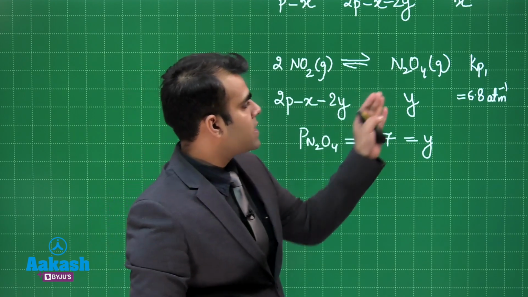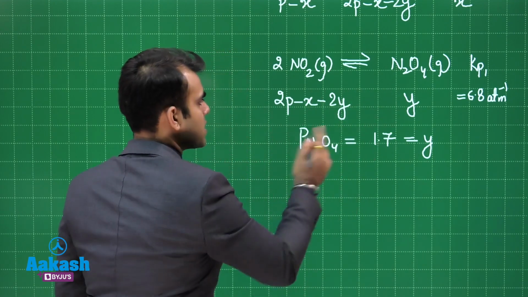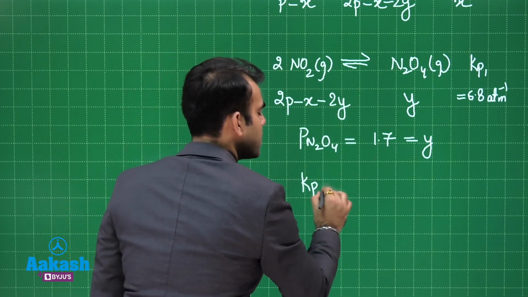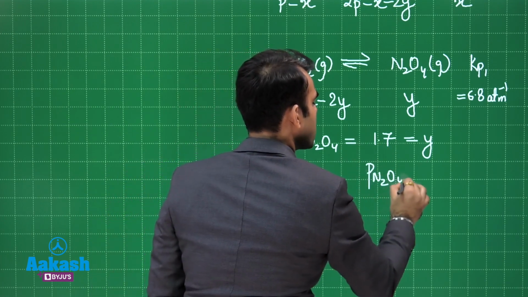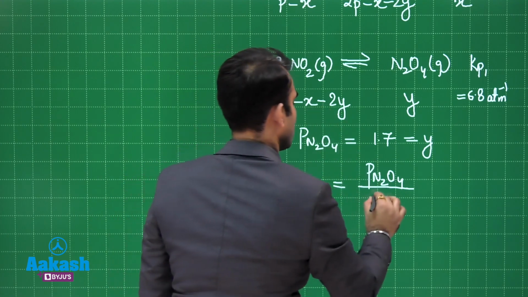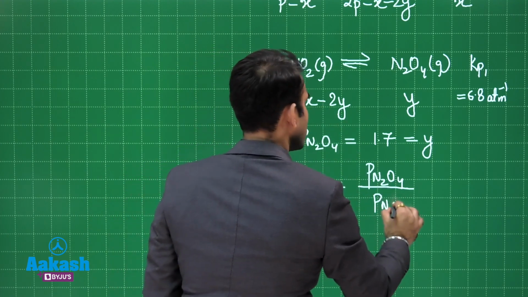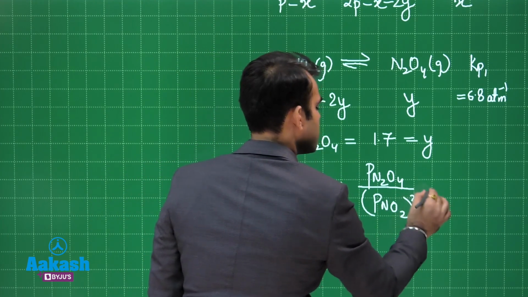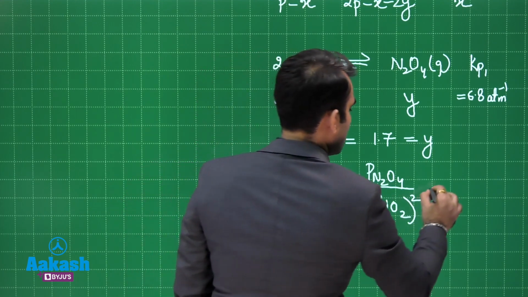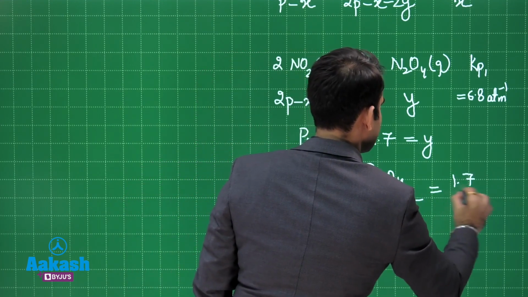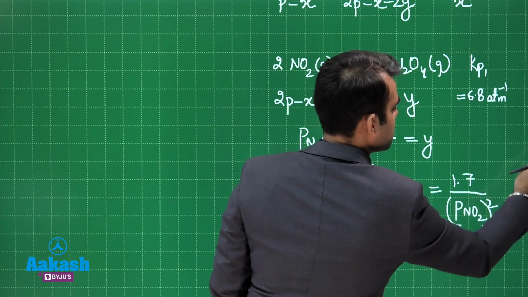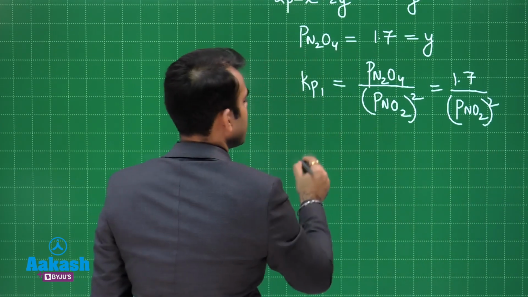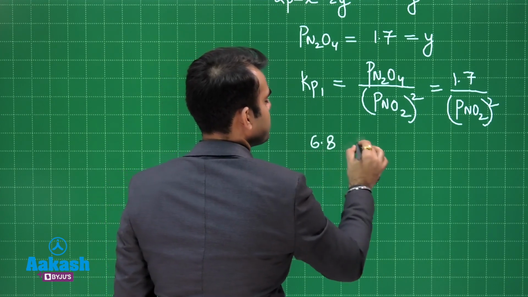Now if I apply the equilibrium equation, then Kp1 is equal to the pressure because of N2O4 divided by the pressure because of NO2 to the power 2. This value is 1.7 divided by the pressure of NO2 to the power 2, and here Kp1 is 6.8.